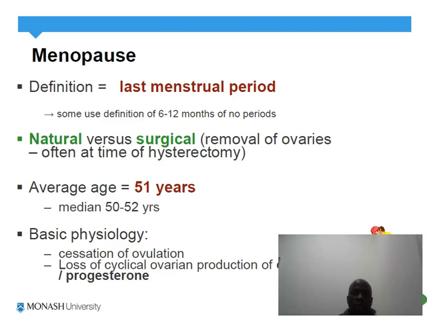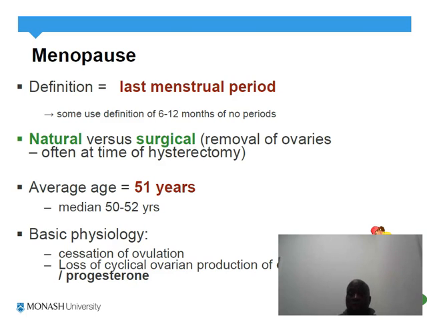For example, when there is a removal of ovaries, often at the time of hysterectomy. That removal of ovaries may trigger menopause. Of course, the average age of menopause is 51. However, the median is between 50 to 52 years. So basically, physiologically, it is characterized by the cessation or stoppage of ovulation.